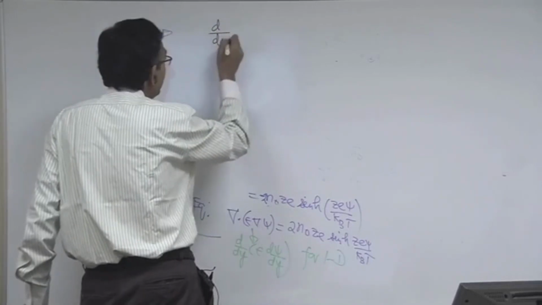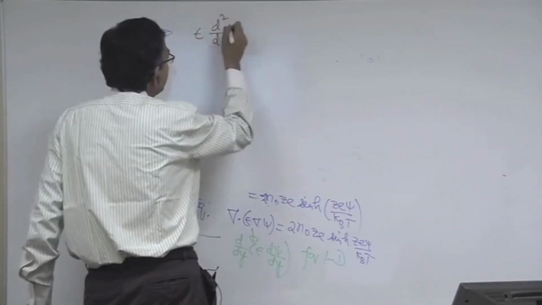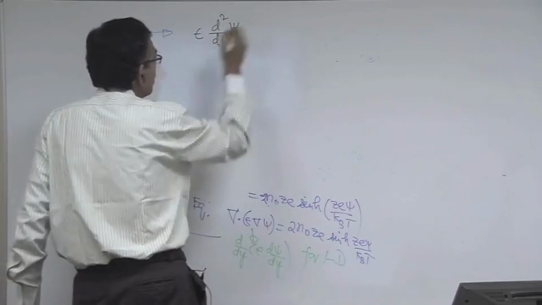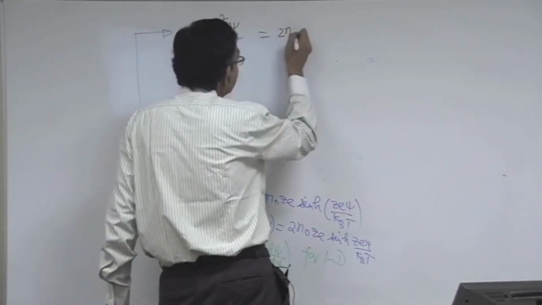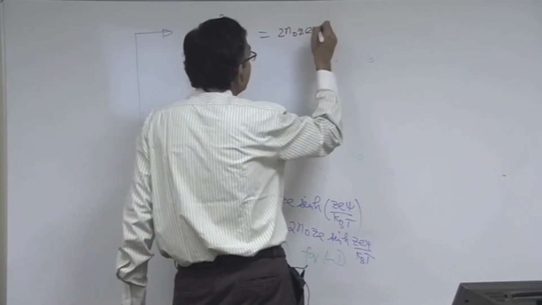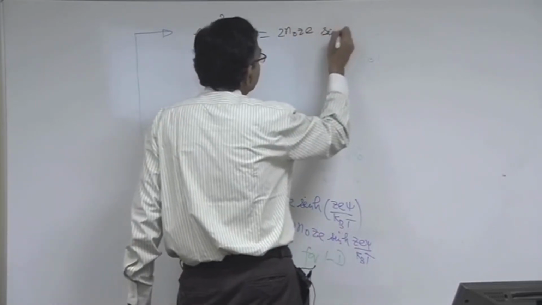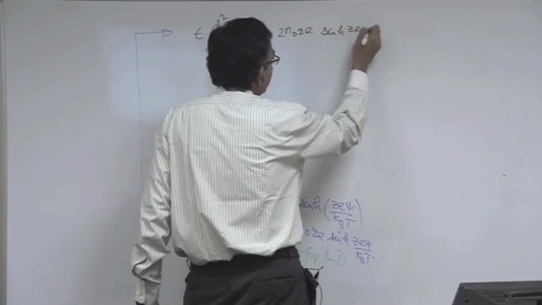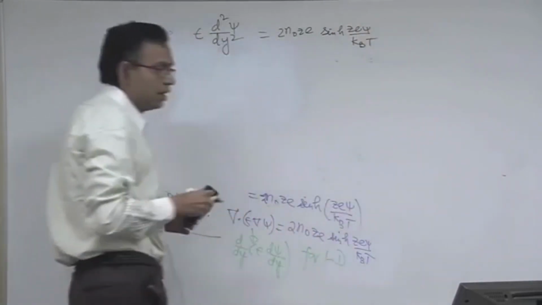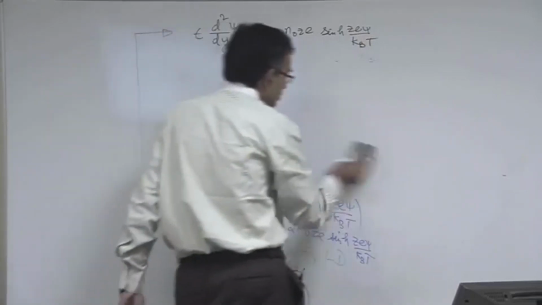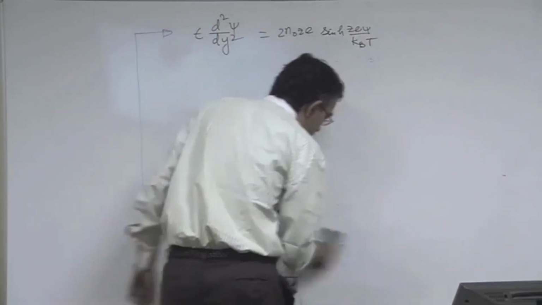Epsilon d2 psi dy2, assuming epsilon to be constant, is equal to 2 n0 ze sinh of ze psi by kbT. This is the equation that we intend to solve.